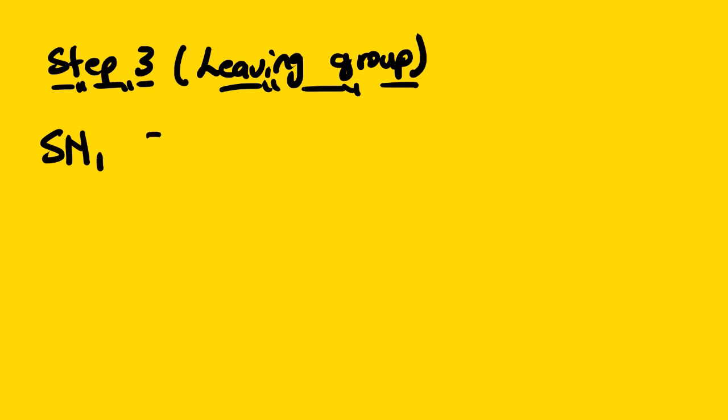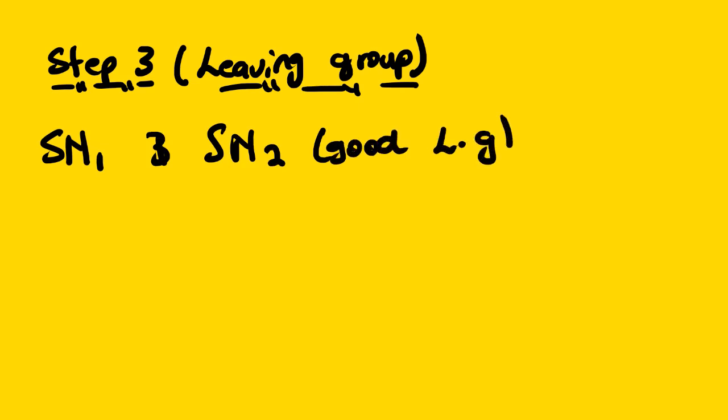For the leaving group, SN1 and SN2 both favor, or they need, a good leaving group. So in this step, we don't really need to analyze whether it will undergo SN1 or SN2. As long as you have a good leaving group, then we should have these reactions.